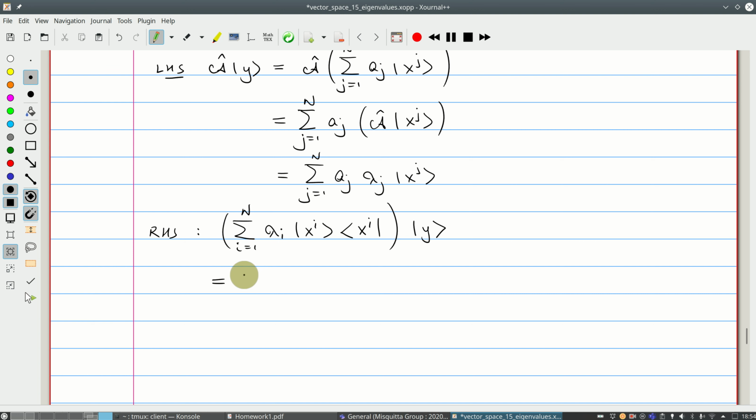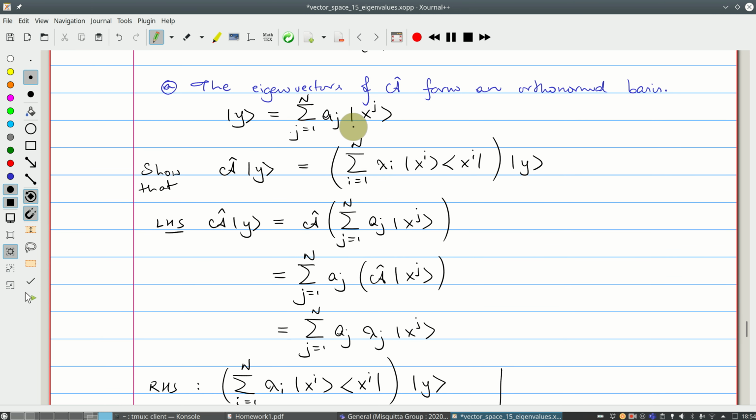So this is going to be the sum I goes from 1 to n lambda I xi. Now this is simply going to join up with this to give us the inner product of xi with y. But what is that? Well, let's see. So I'll draw a line here. We know that y itself is given by this linear combination of the xj's. So let's use that.